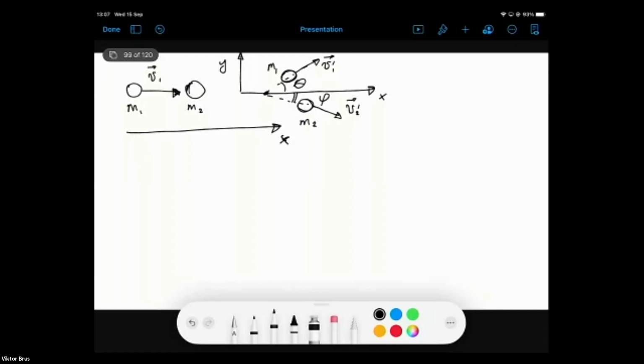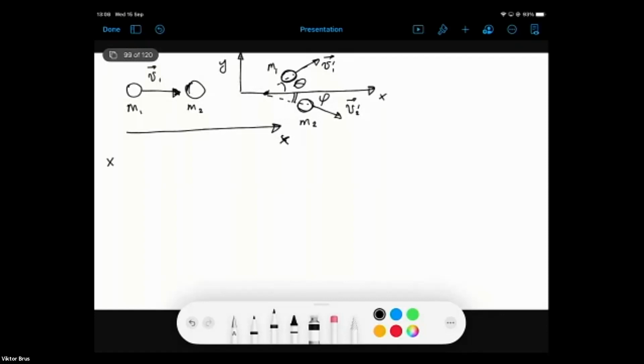So we can consider it now in two-dimensional space. We will consider first the projection of initial and final linear momentum vectors on axis x and then on axis y. Let us write it in the general case for two bodies.